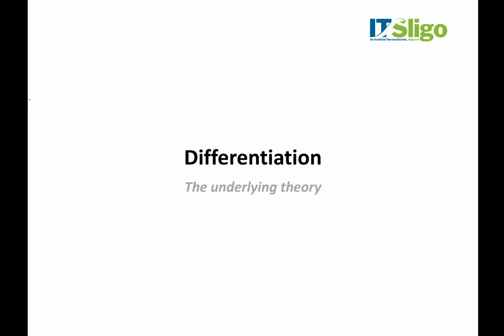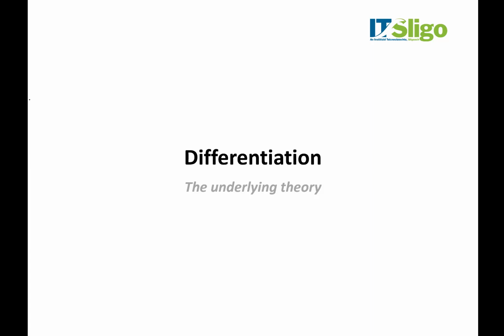So now we're going to take a look at just the underlying theory behind differentiation. And differentiation has loads of different names. It can be called differentiation, finding the derivative, finding the slope of the tangent to a curve, the rate of change, the rate simply. So there's loads of different words to describe the same process.